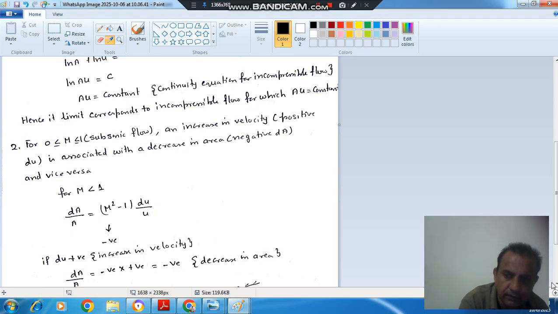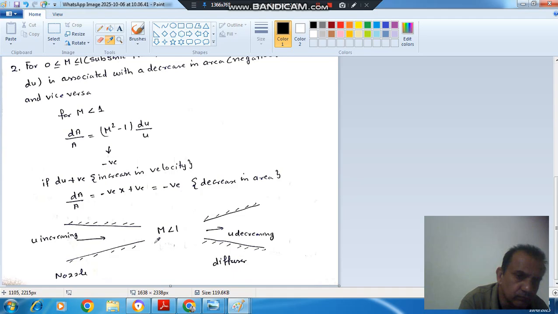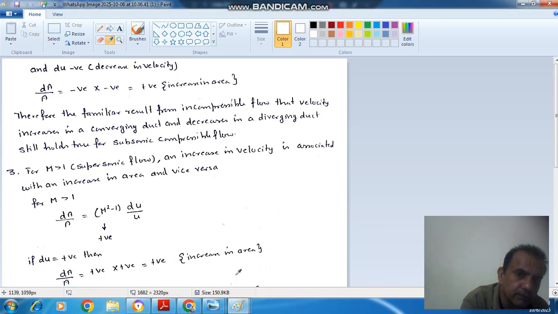So this is the duct, and when we want to increase the velocity, the duct is called a nozzle. So in case of subsonic flow, the nozzle is a duct of decreasing area. And here vice versa is also there. If we decrease the velocity, area will increase like that.